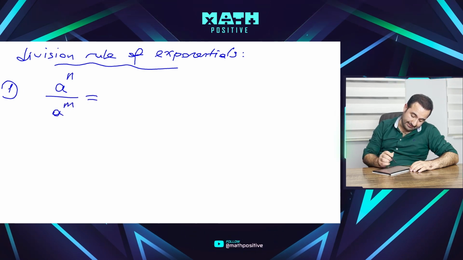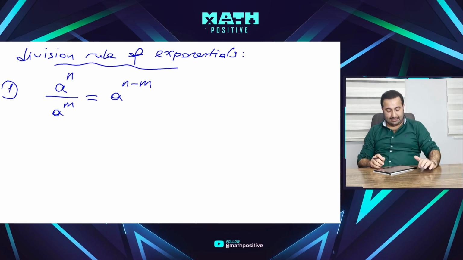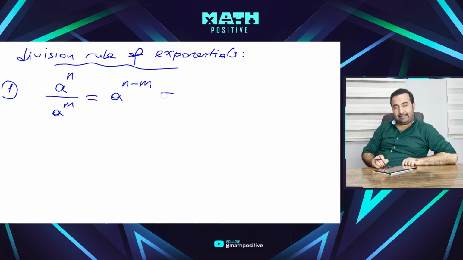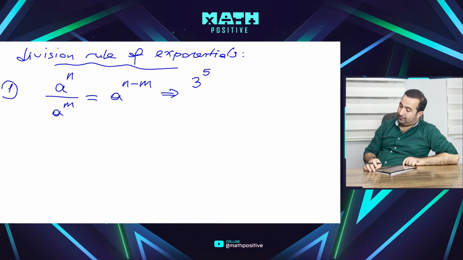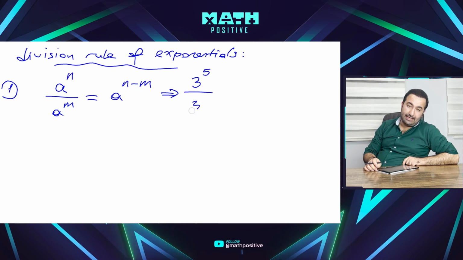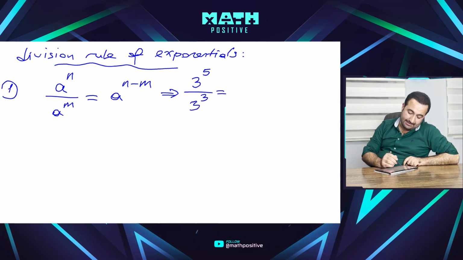Division rule is, the first version is a to the power n over a to the power m. When we have bases equal, then we just subtract the powers from each other, which is a to the power n minus m. Let's just see some example.